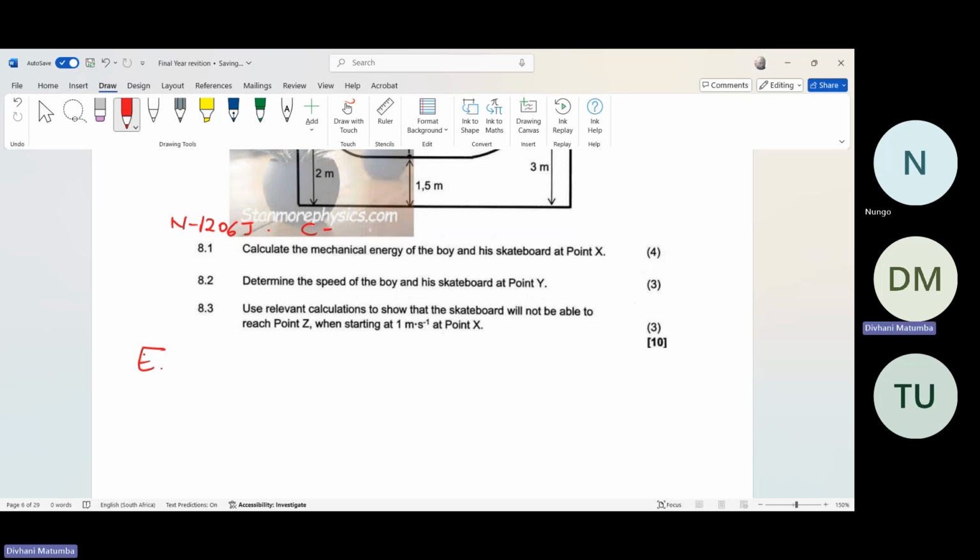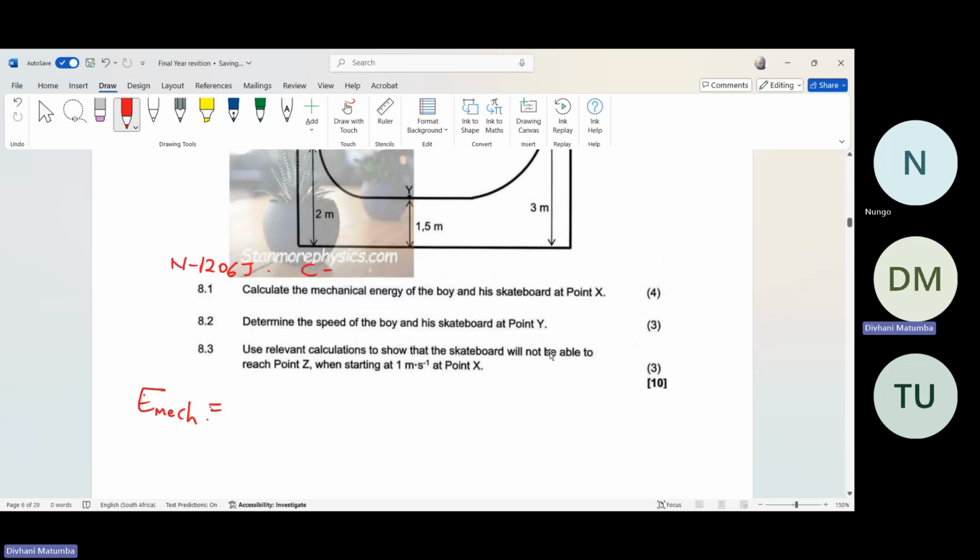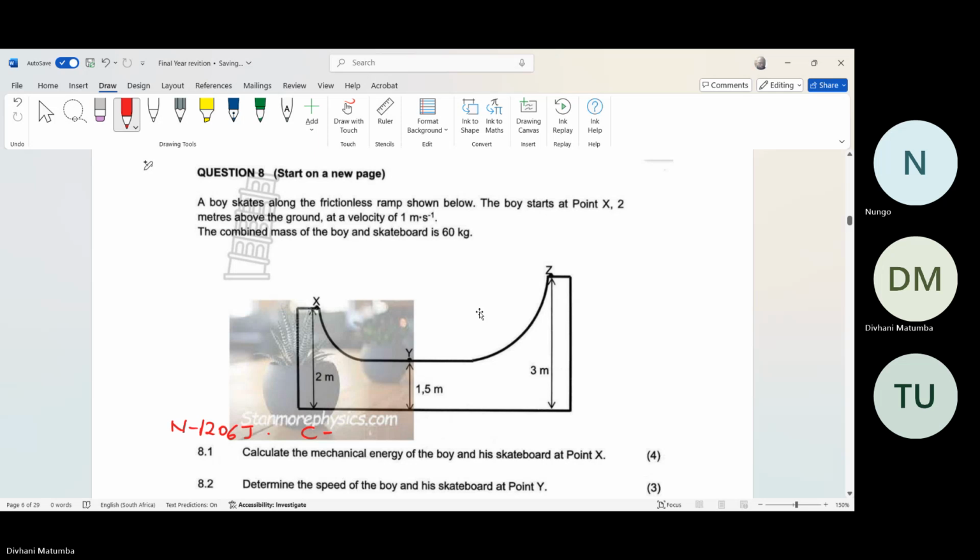Okay, no, it's fine. Let's do it together. If you want to find the mechanical energy, you have to look for a point which has all the parameters you need to calculate the potential energy and the kinetic energy, meaning you have to find a point with a known velocity and a known height.